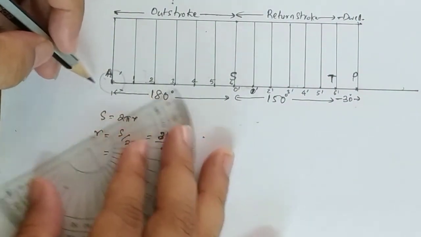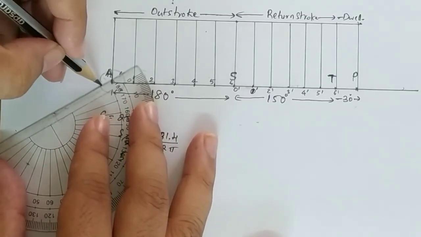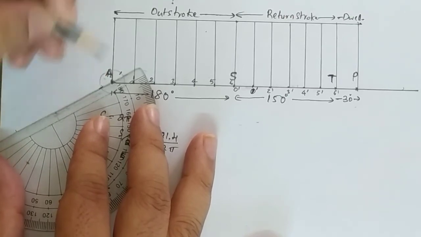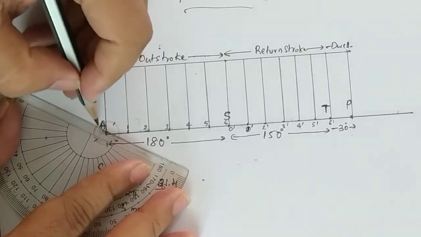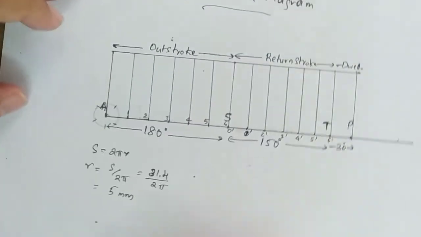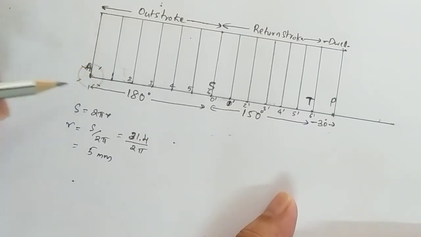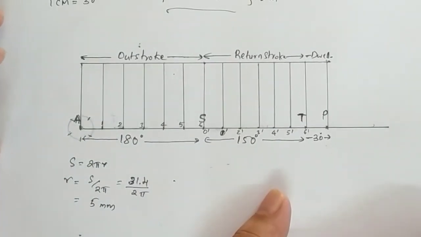Then this is the next marking. Now this will be your next. Yes, you can see this is the first 60. 1, 2, 3, 4, 5, 6. So in total we have divided the whole circle into 6.